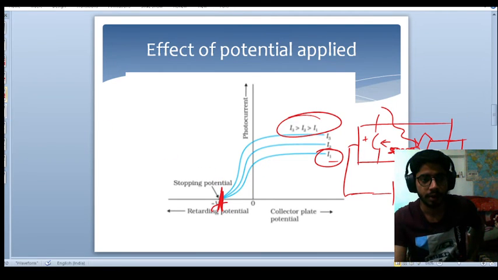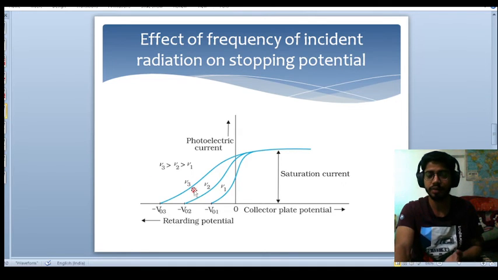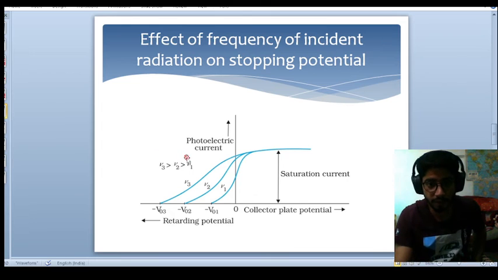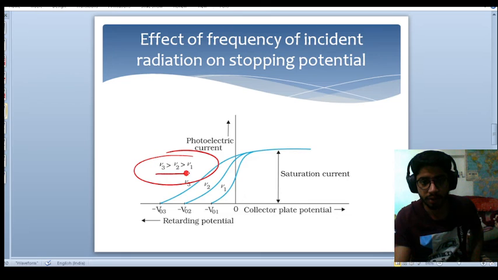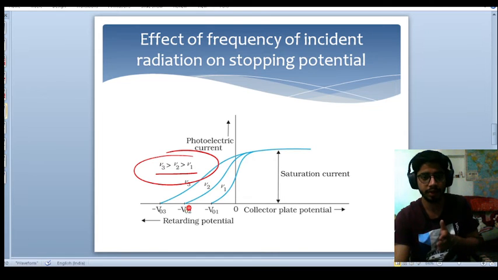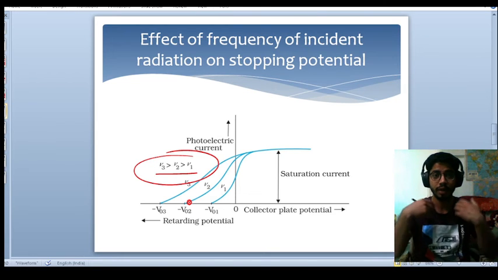That's all. And in the next illustration, the effect of the frequency of the incident radiation on the stopping potential. Here we are taking the frequencies in this order: V3 is greater than V2 and V1. If the frequency of the incident photon is increasing, the electrons ejected from the metallic surface have more kinetic energy.